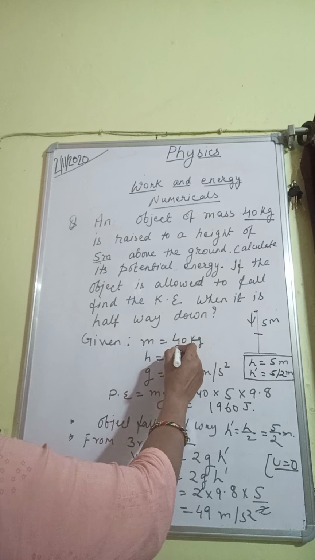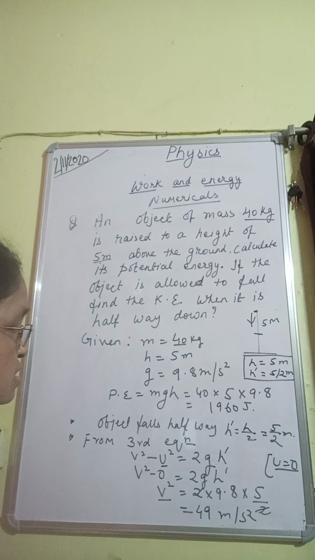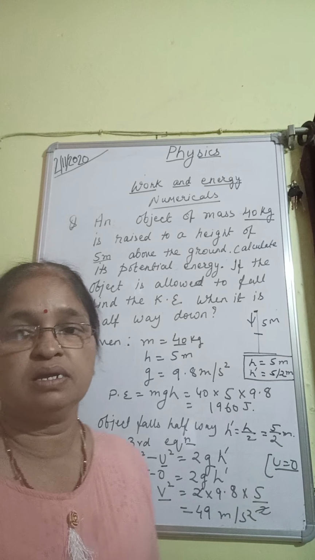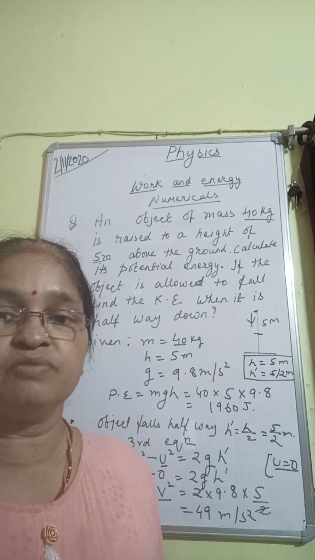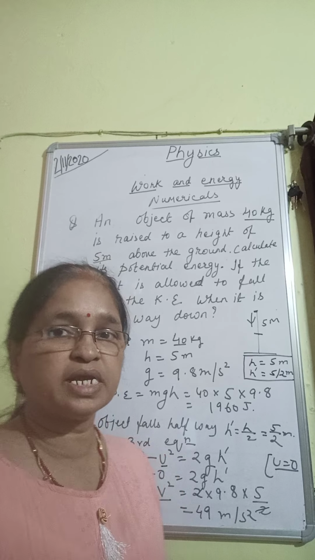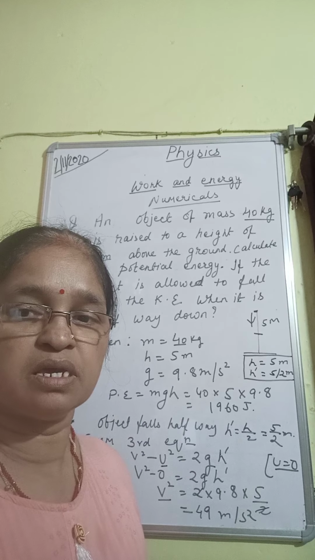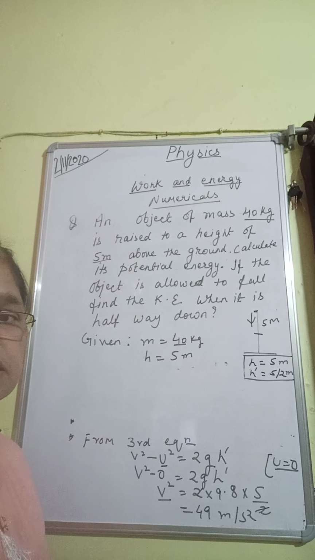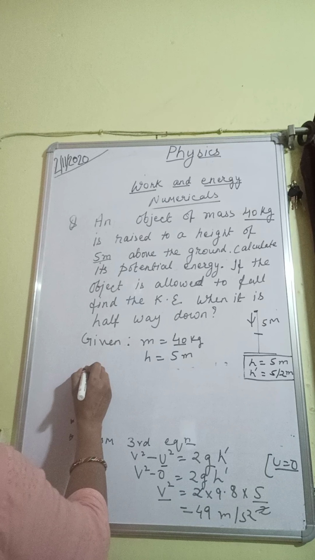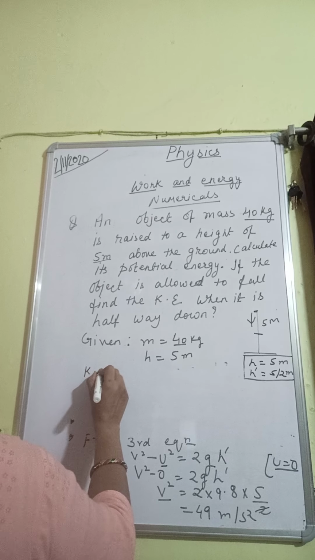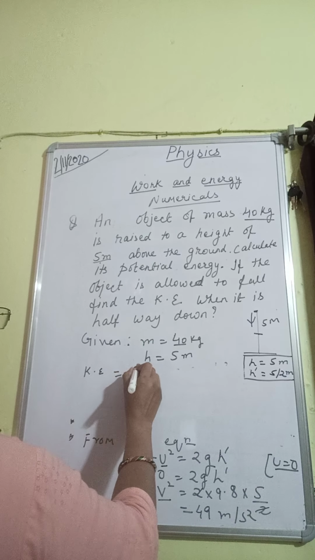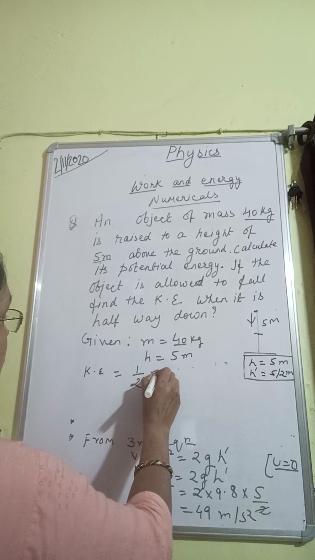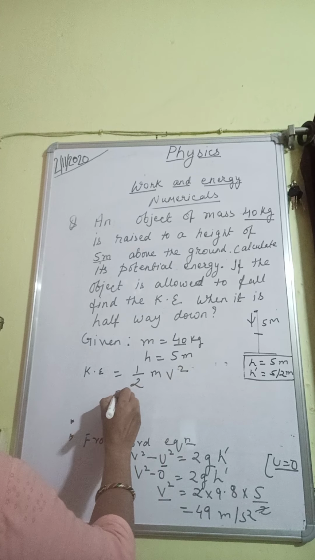We have the mass. So naturally, you know the formula, kinetic energy is equal to half mv square. We can calculate it. So see students here, kinetic energy is equal to half mv square.